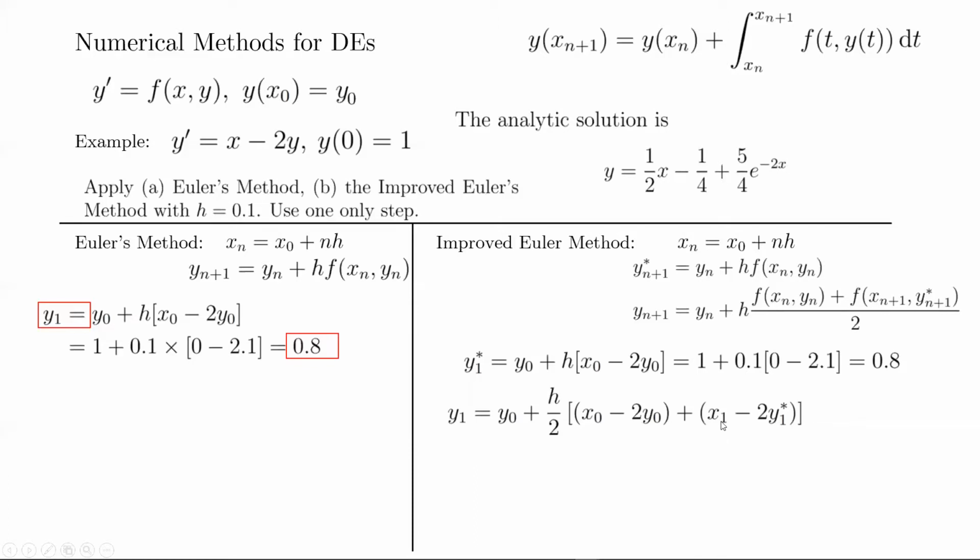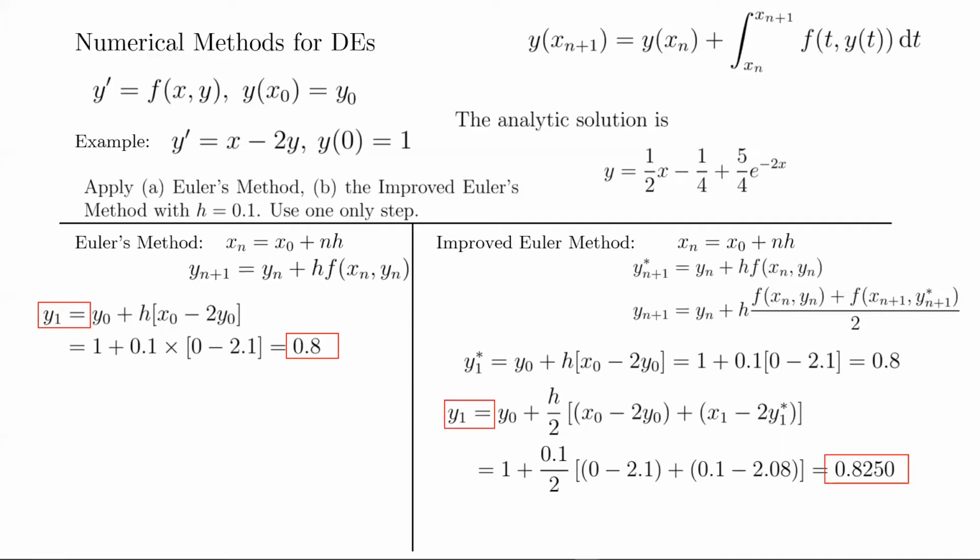So x1 is 0.1, because we're taking one step of size 0.1, minus 2 times y1 star, which we just said was 0.8. So I'm not sure why the numbers have gone funny here, but this should be 0.1 minus 2 times 0.8. Okay, so if I evaluate that, then that turns out to be 0.8250.